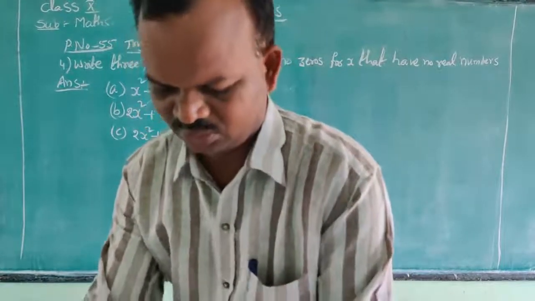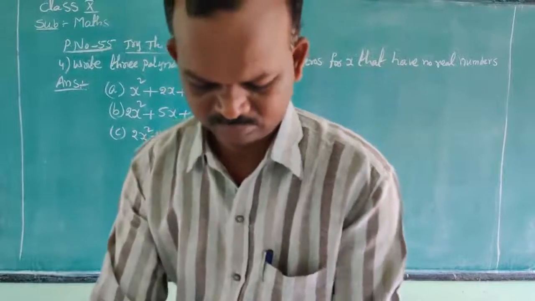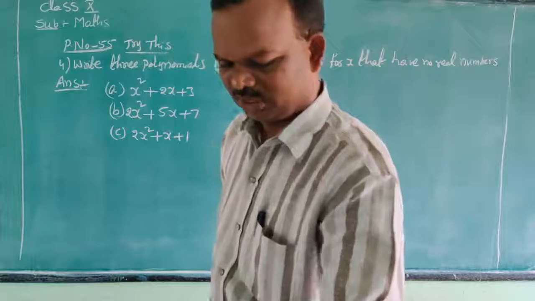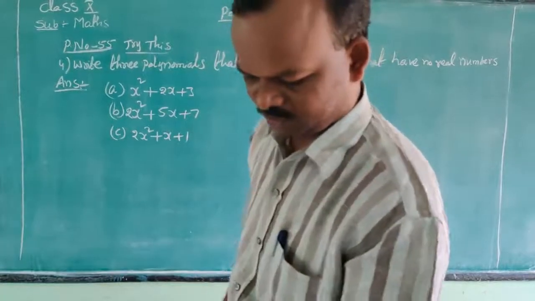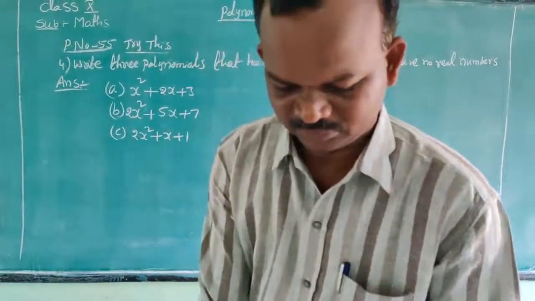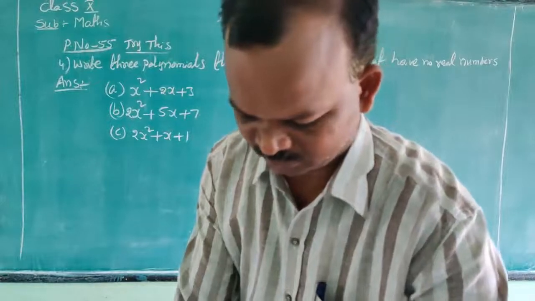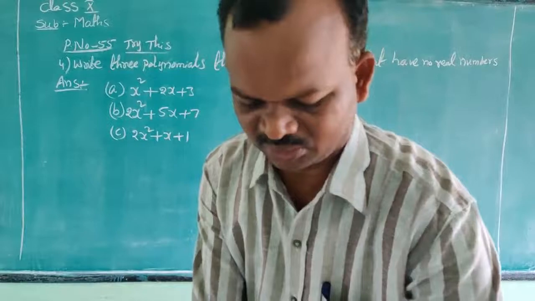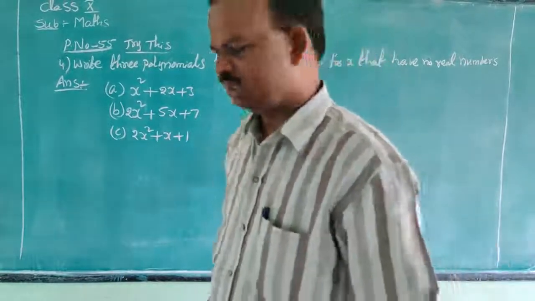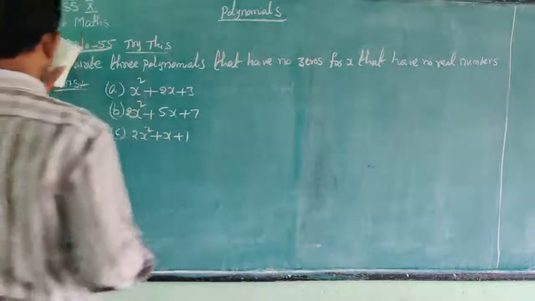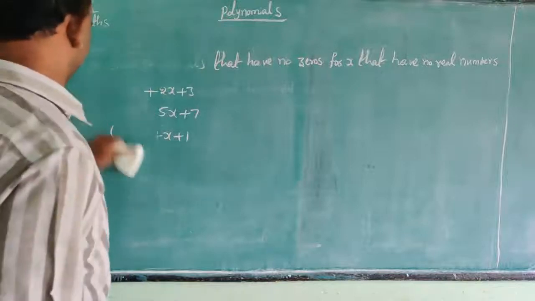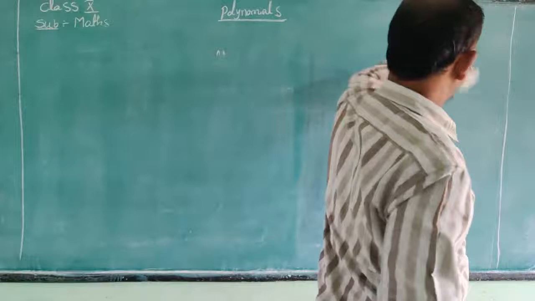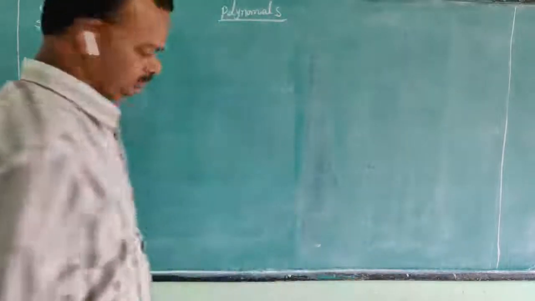Zeros of a cubic polynomial. In previous classes, first of all we drew a linear polynomial. Next we drew a quadratic polynomial. Next we are drawing a graph for a cubic polynomial.